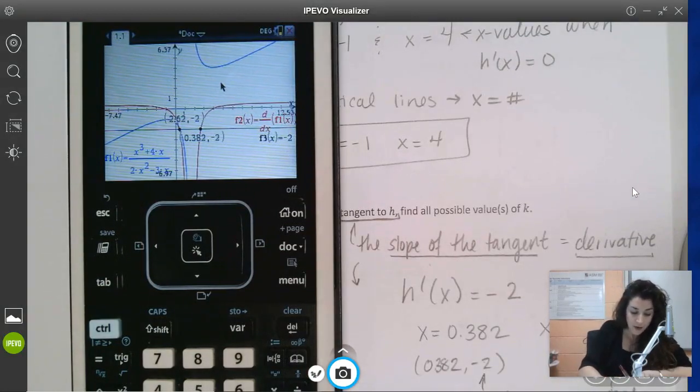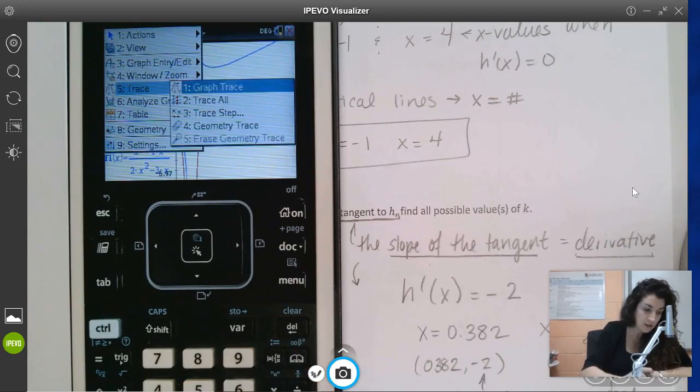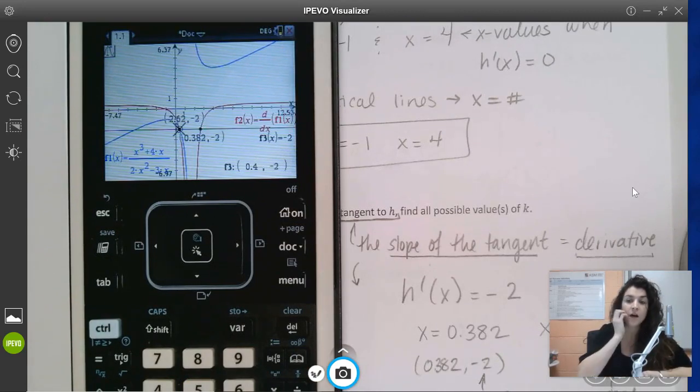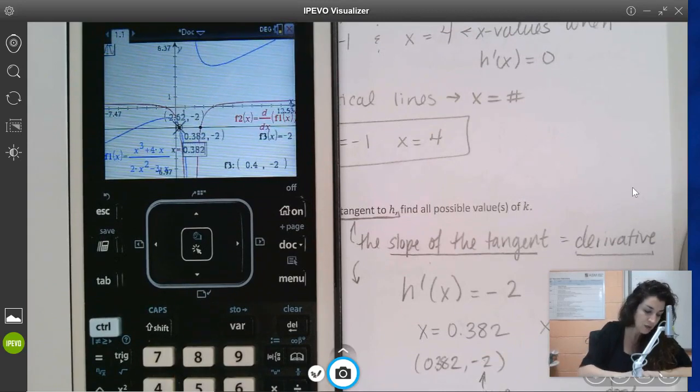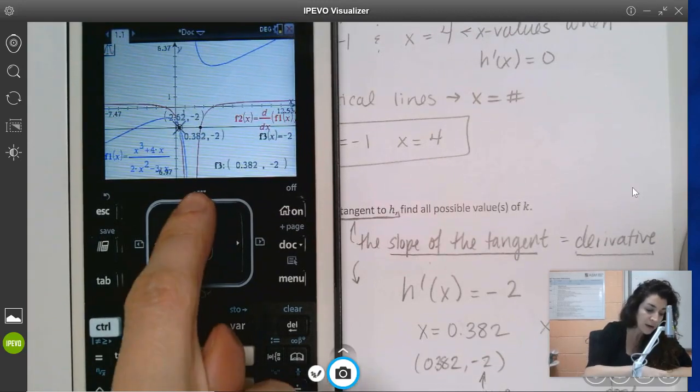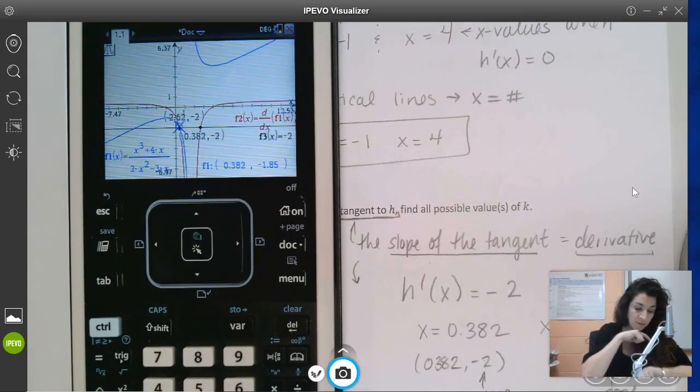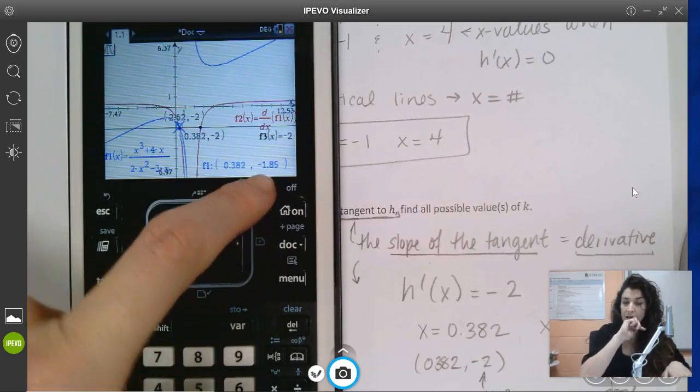The y value for the x value of 0.382 would be -1.85. If you trace, or use value on TI-84s, I type in 0.382, enter. Oops, I'm on black. I need to be on blue. There we go, -1.85.